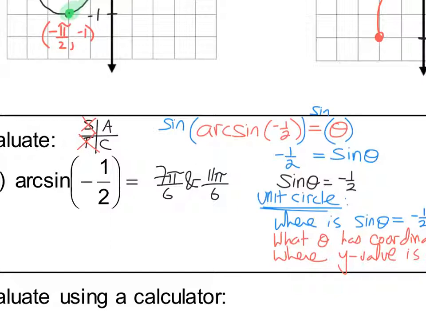Which one? 7 pi over 6. That falls in the third quadrant. All right, so let's get rid of that. Now 11 pi over 6, if you plot that it will go into the fourth quadrant, but I need to represent it as a negative coterminal angle. Negative pi over 6.